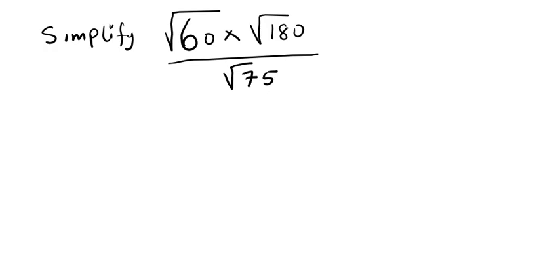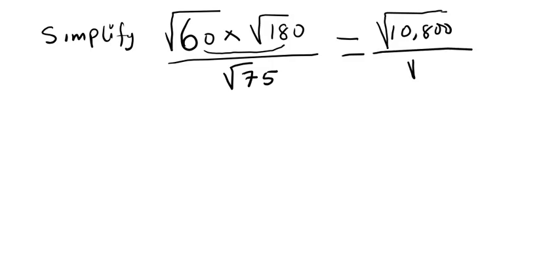So this is the same thing as multiplying root 60 by root 180. When you do that, we are going to have root 10,800, then divided by root 75.